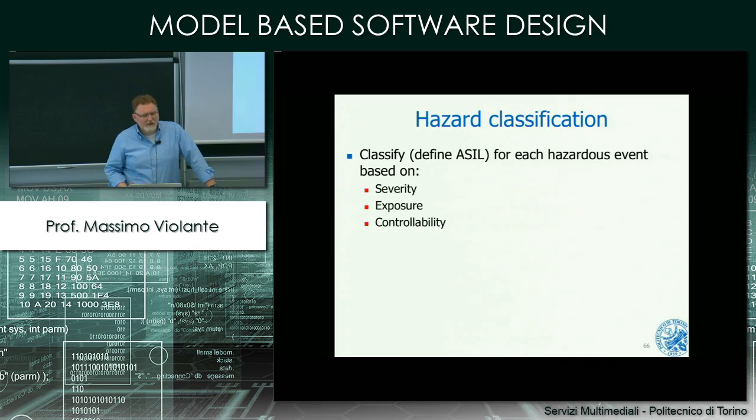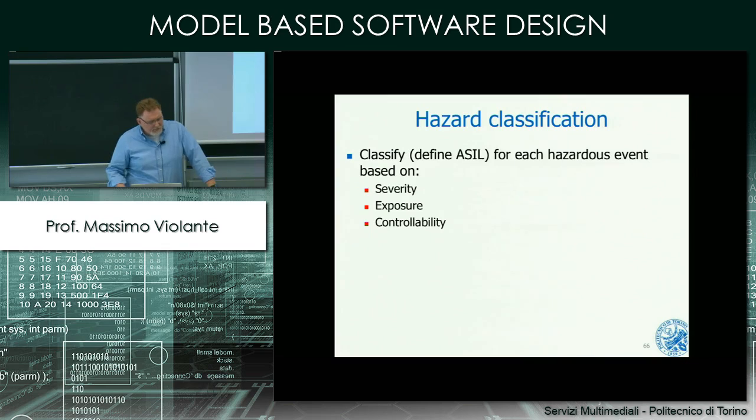So how likely is it that we are in that operational situation when the failure happens? And then, which is the controllability? So if the item is not behaving as expected, we are in the driving situation, the fault is active, that is, we need to have the item, but the item is not providing the service as expected, how likely is it that we can control the scenario?